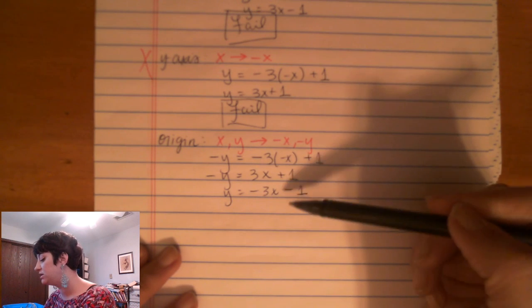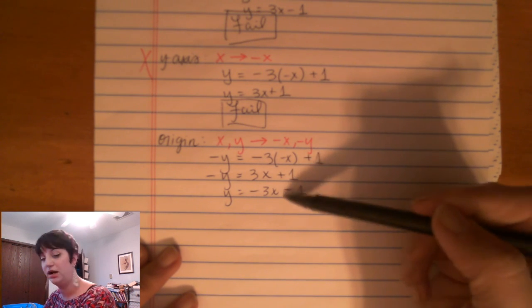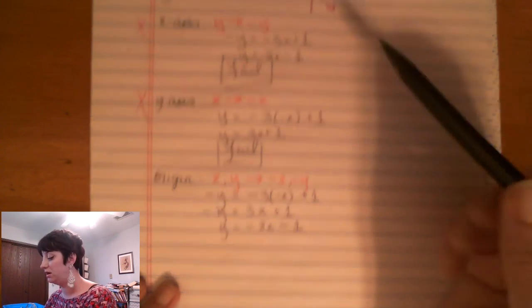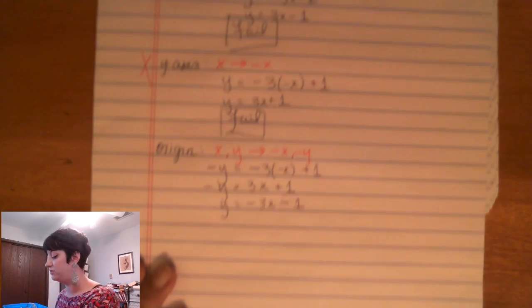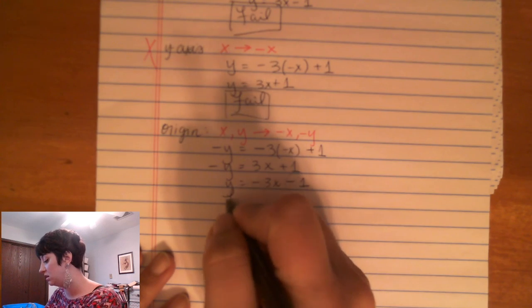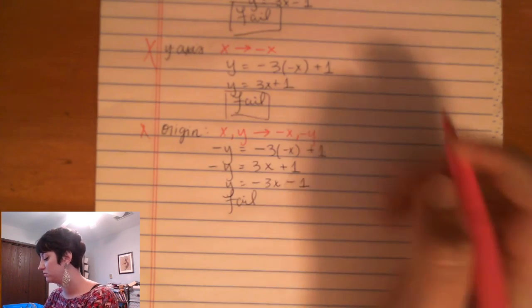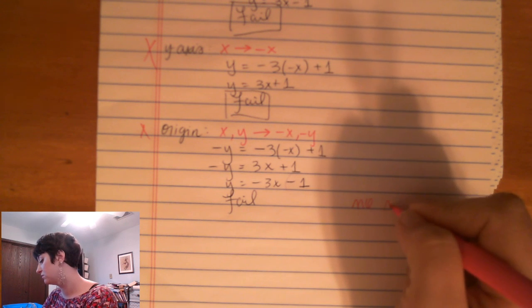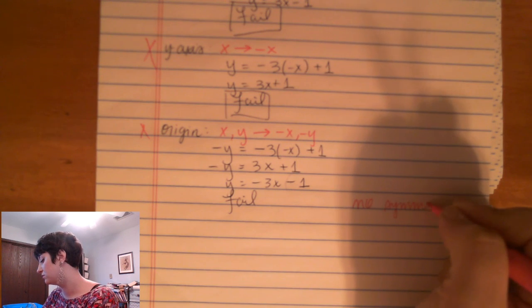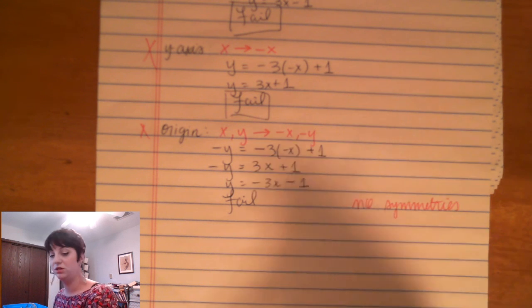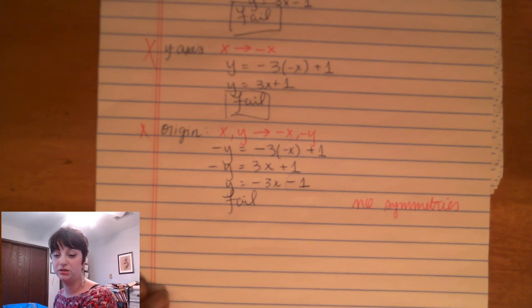It's close, except I've got this -1 here. So I needed a +1 in order to have a true statement. So this is another fail. So this one is no symmetries.